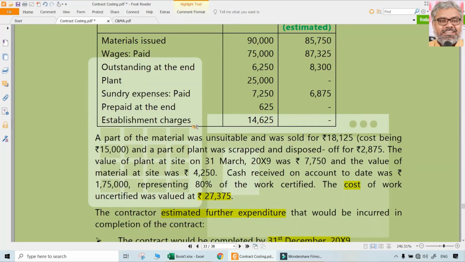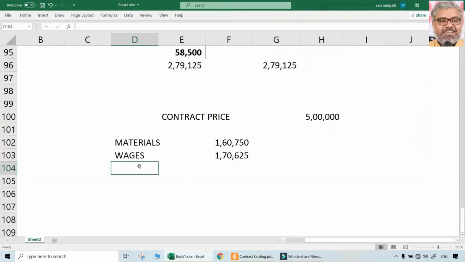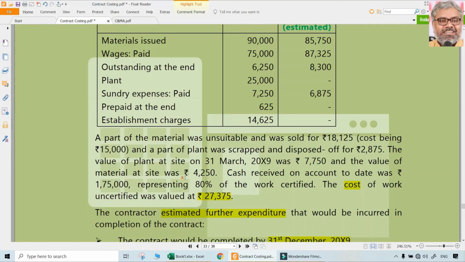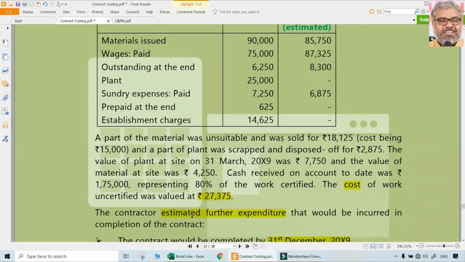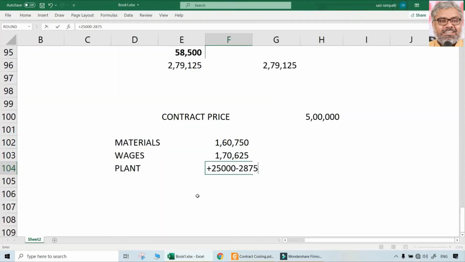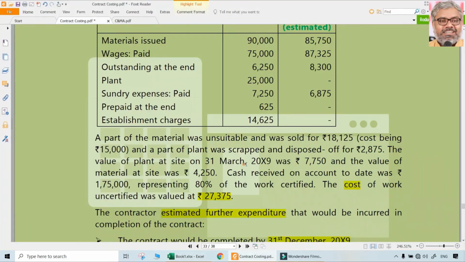Then plant. Plant is also an important calculation. 25,000 original. Then scrapped was 2,875. Take it out in the first year.